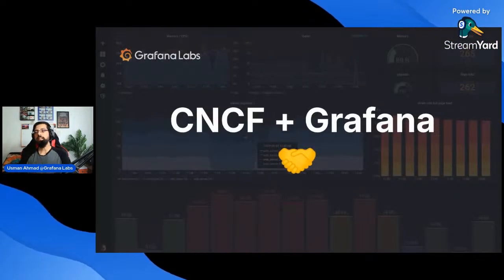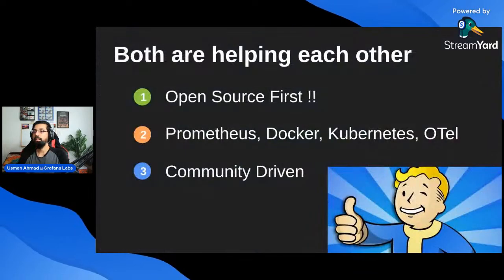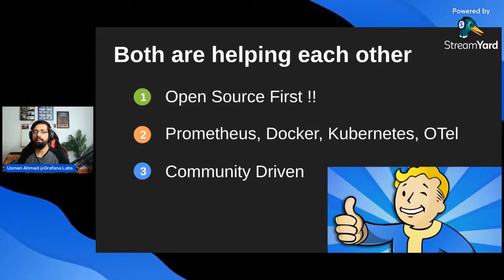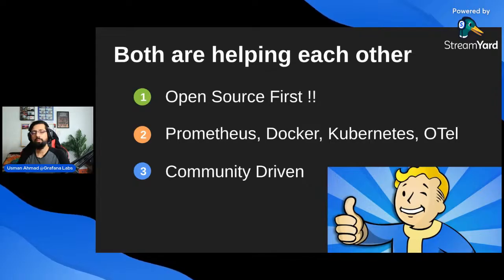And how are CNCF and Grafana working together and helping each other? Both are open source first. Our priority is to first help the open source user and be more community specific. Grafana is a very heavy contributor to CNCF tools such as Prometheus, Kubernetes, and OTel. I think recently Grafana is in the top 5 contributors for OpenTelemetry.